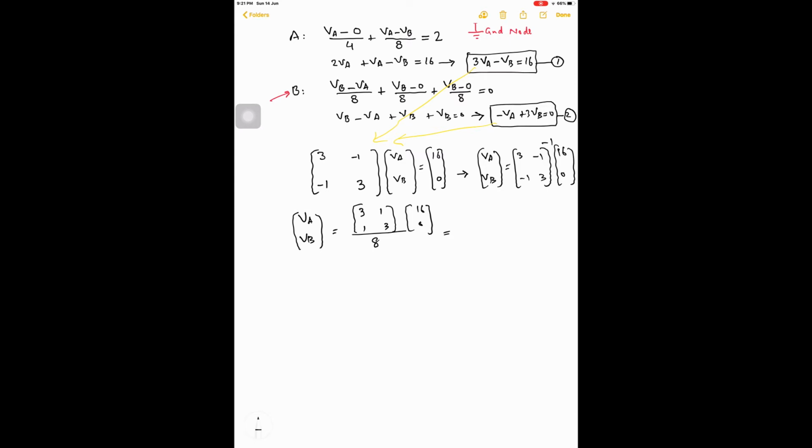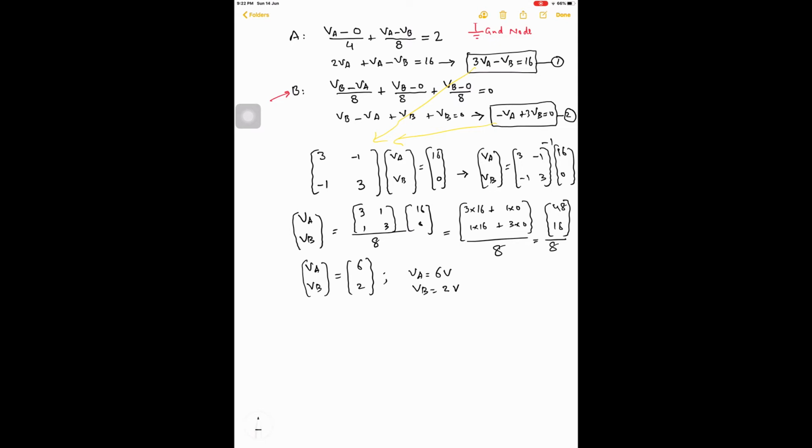Proceeding further, the first row is 3 multiplied by 16 plus 1 multiplied by 0, and the second row is 1 multiplied by 16 plus 3 multiplied by 0, all divided by 8. This equals 48 over 8 and 16 over 8, and finally the voltage matrix is equal to 6 and 2. It means that VA is equal to 6 volt and VB is equal to 2 volt. We have solved these two equations.